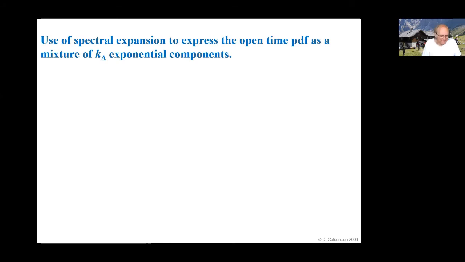So that's the initial vector done. The final thing we've got to do is to use spectral expansion to express the open time probability density function as a mixture of KA scalar exponential components. So once again, we write our open time probability density function.